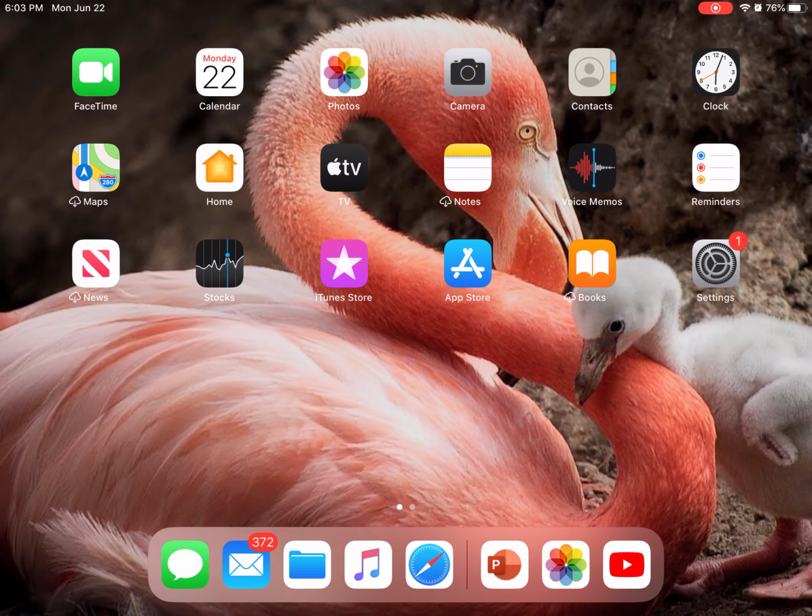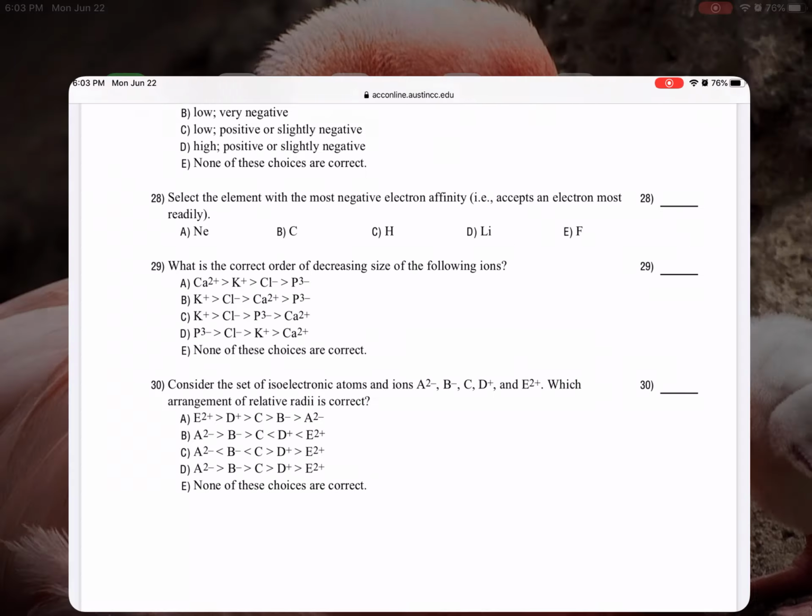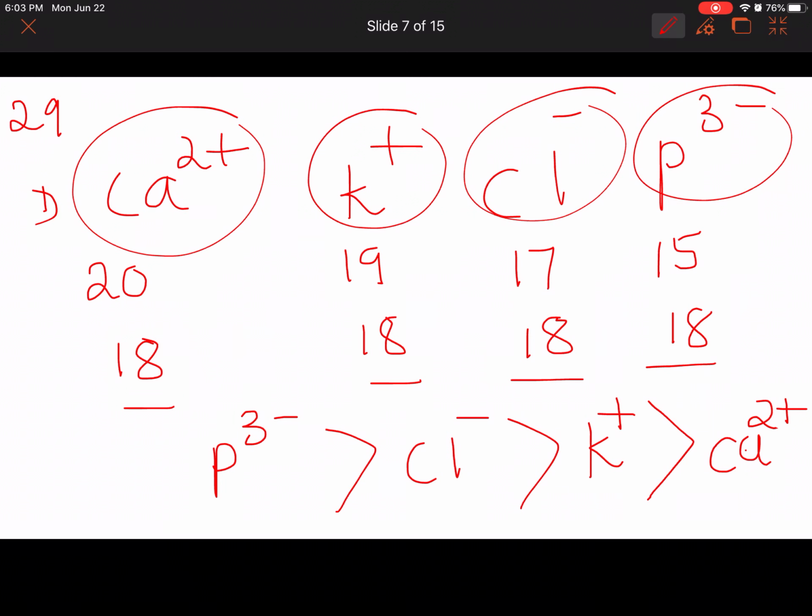And then the last one is similar to that. Consider the set of isoelectronic atoms and ions: A2 minus, B minus, C, D plus, E2 plus. Again, this talks about an isoelectronic series, the same number of electrons.